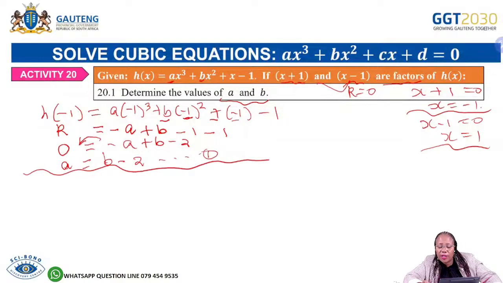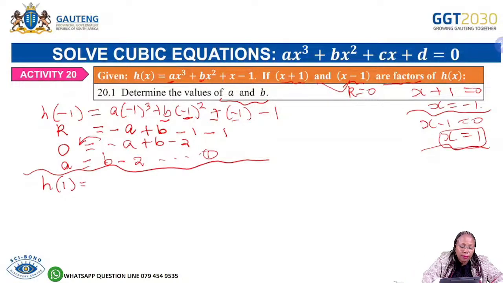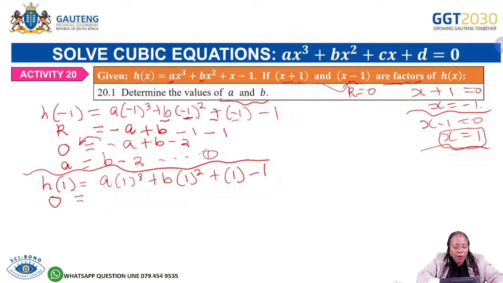And then now for the next equation, we substitute x with a 1. Then it's h at 1, a into 1 cubed plus b into 1 squared plus 1 minus 1. Remainder 0. 1 to the power 3 times a, 1 squared, 1 times b, 1 minus 1 is a 0.